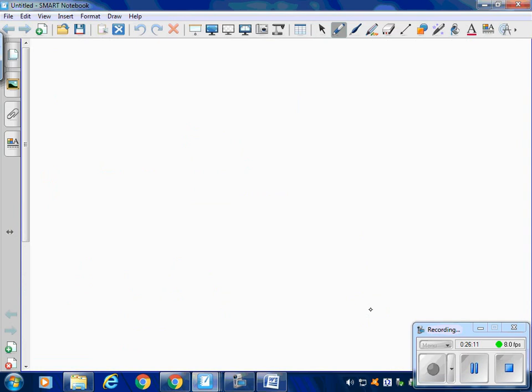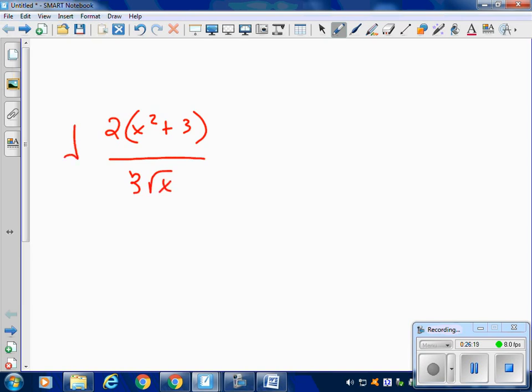So on number 4, this is what they wanted you to take the derivative of, because that's what the problem was equal to, right? So you can see. All right. So first I'm going to need to divide and multiply stuff out and get it all simplified, unless you plan on doing quotient rule. Okay.